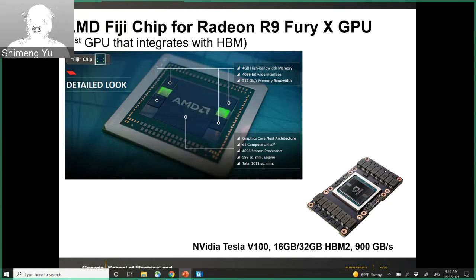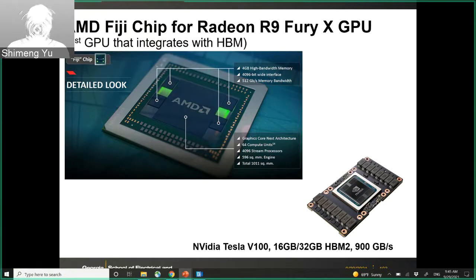In this case, the GPU has 4 GB HBM and a 4000-bit wide interface, and this is the total memory bandwidth for the system. Later, for all kinds of high-end GPUs, the HBM becomes a must. It becomes a default setting for the GPU.